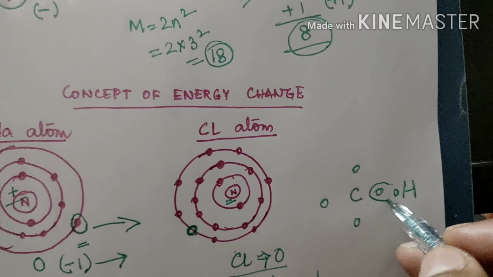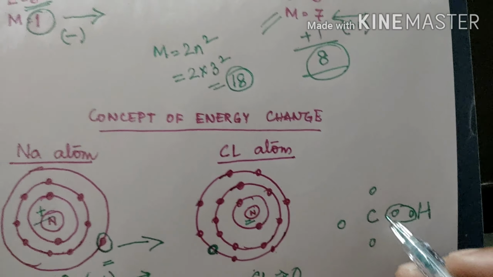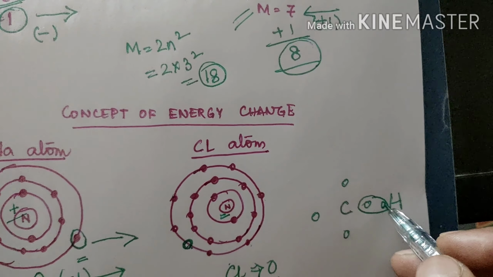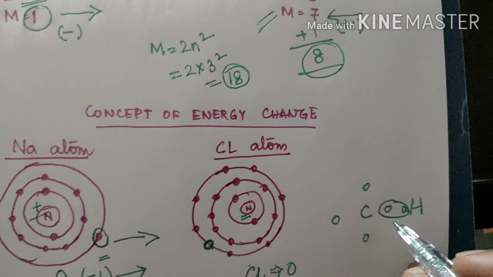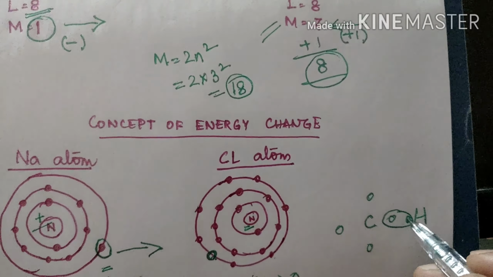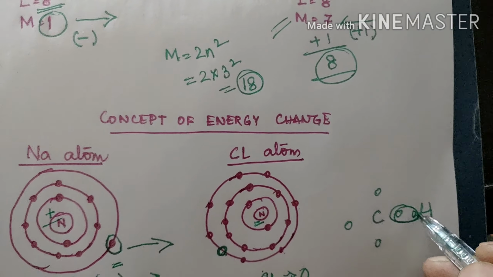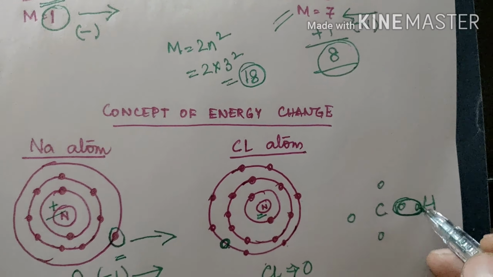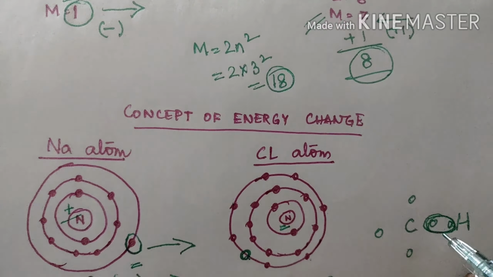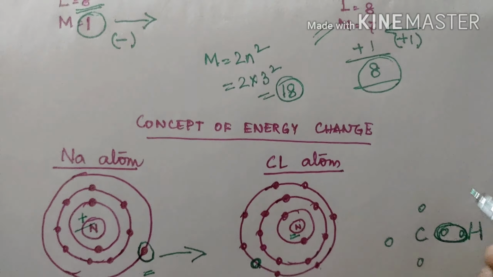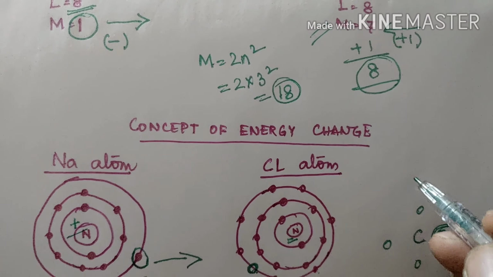They will share their electrons. Hydrogen will use its electron and the carbon's electron, so in the outermost shell of hydrogen there become 2 electrons. In this way it will get the duplet noble gas configuration, which is also a stable configuration.